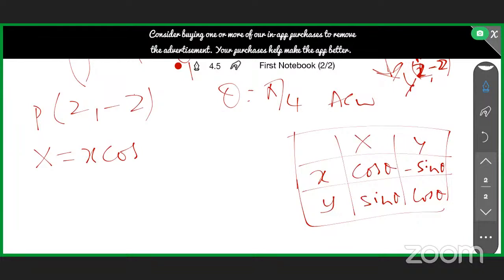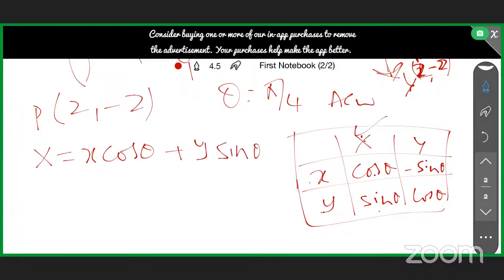So my capital X will become what? Small x cos theta, plus y sin theta.